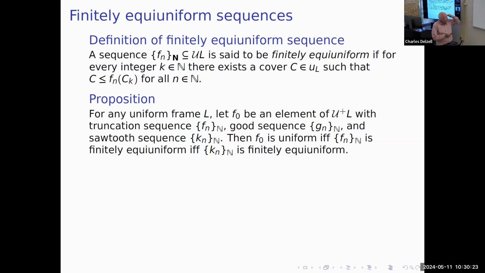So here you see, it means that we can start with bounded elements in either the good or the sawtooth sequences and simply ask the question of whether the sequence of those gadgets is equiuniform. If the answer is yes, then we know that the continuous function in R of L that you build is also uniform.